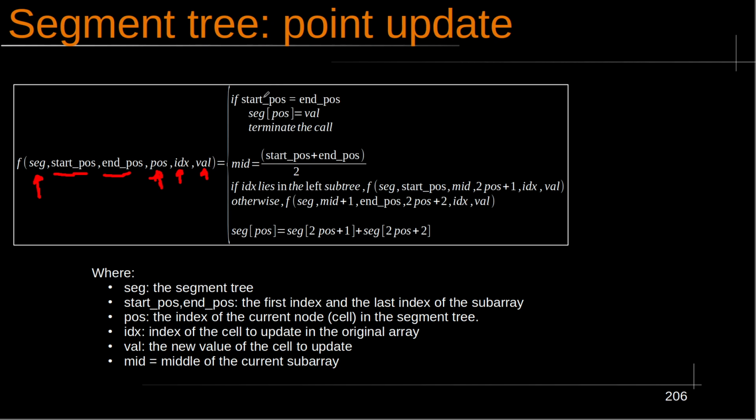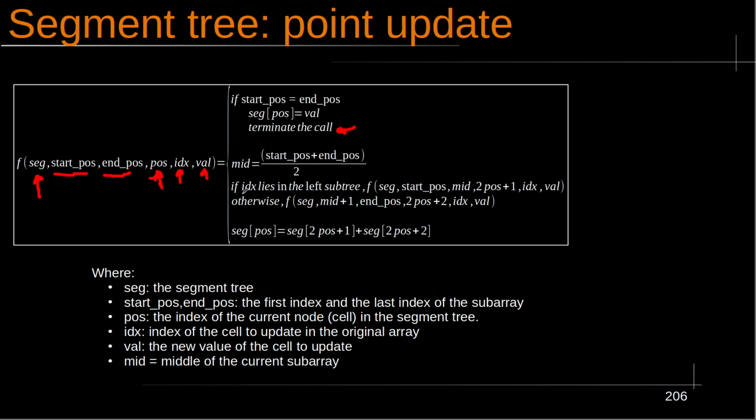As we have seen in the previous animation presentation, if start is equal to end, I will update that position on the segment tree to equal the value, and I terminate the current call of the function. Then I will calculate the middle.